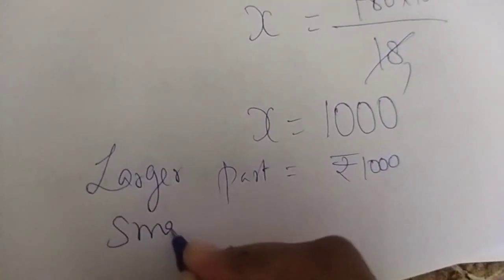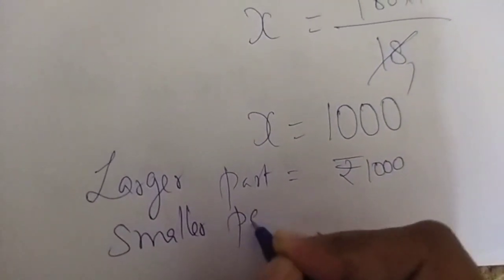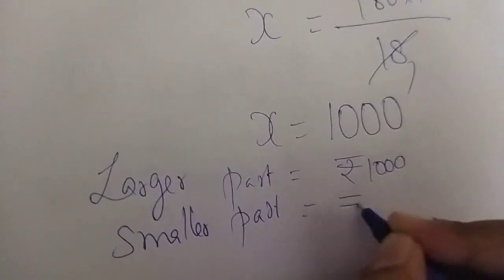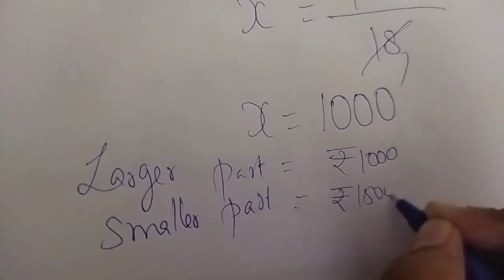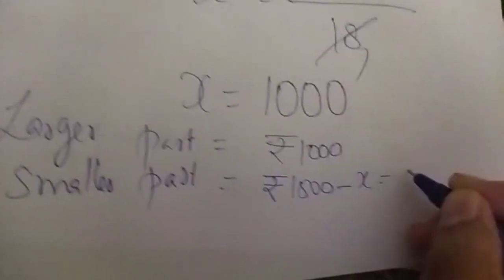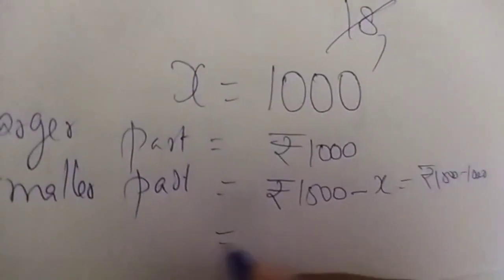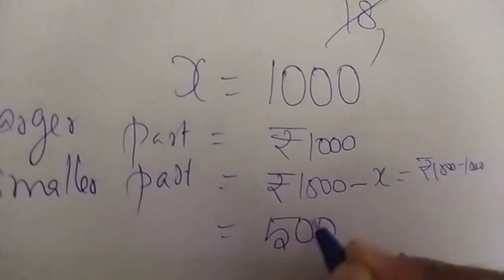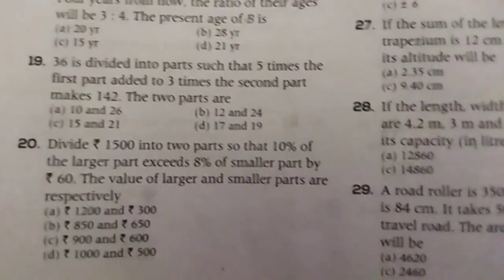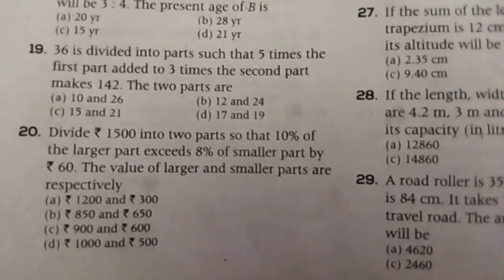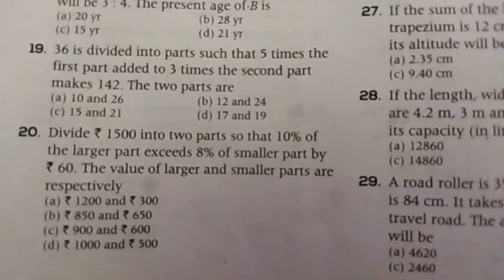Smaller part is equal to 1500 minus x, that is rupees 1500 minus 1000, which is nothing but 500. Therefore, the correct option is option D, 1000 and rupees 500.